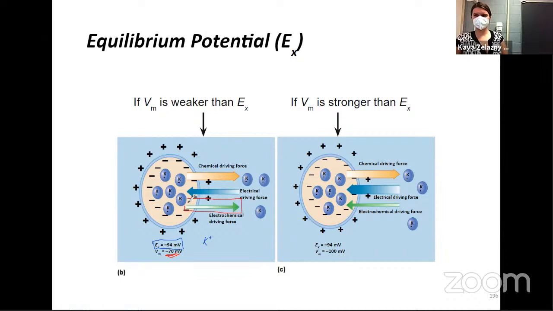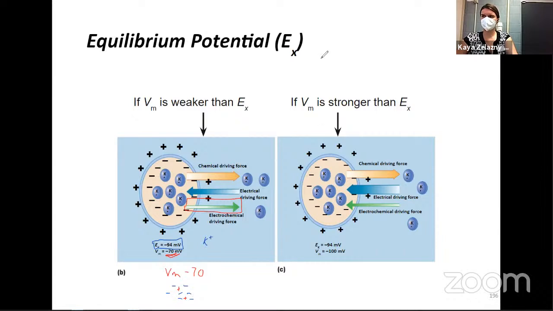So this is what you want to be internalizing here. Say that VM of negative 70, it's made up of a bunch of anions, a bunch of negative ions. But we also have some cations mixed in. There are just more anions giving us that negative 70.